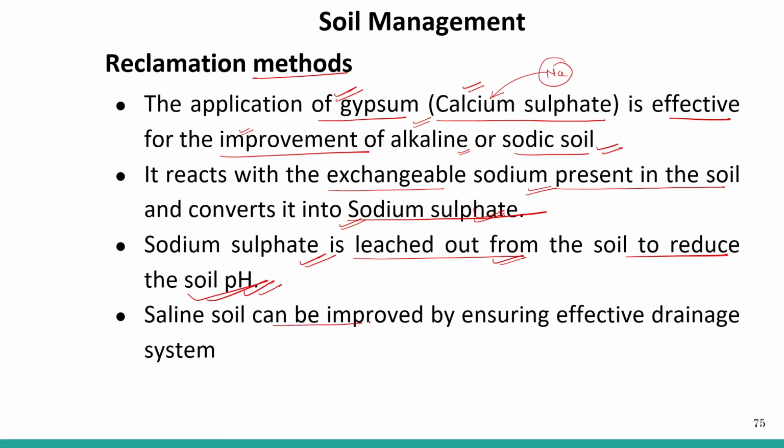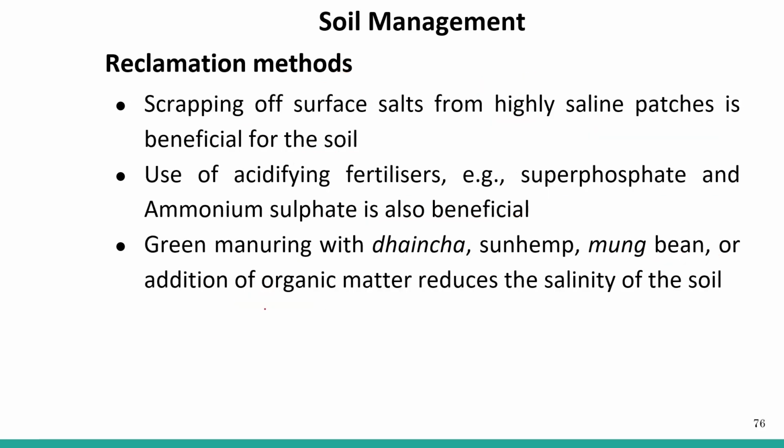Saline soil can be improved by ensuring an effective drainage system. So when there is an effective drainage system, the soil salinity can be improved. Scraping of the surface salt from highly saline patches is beneficial for the soil. Sometimes in the crop field, patches of salt can be seen.